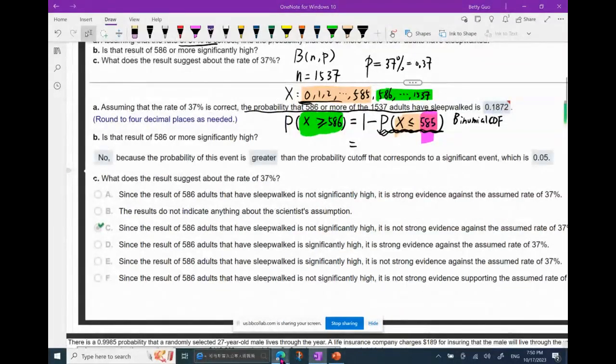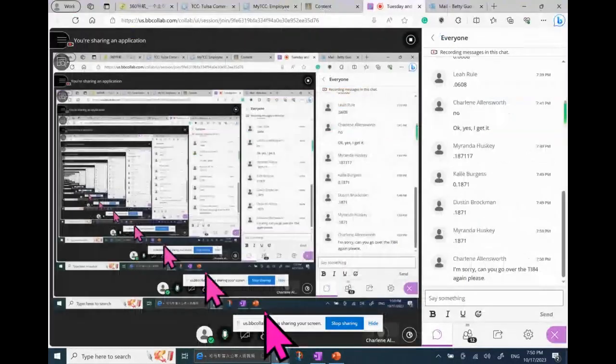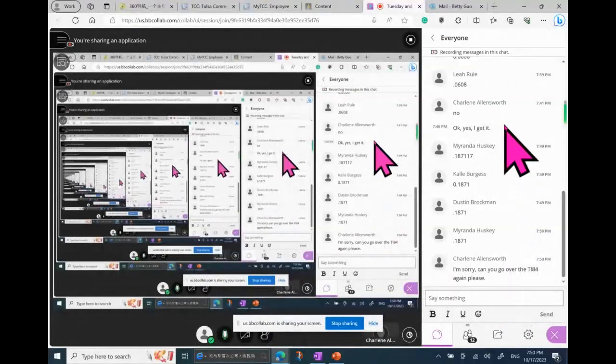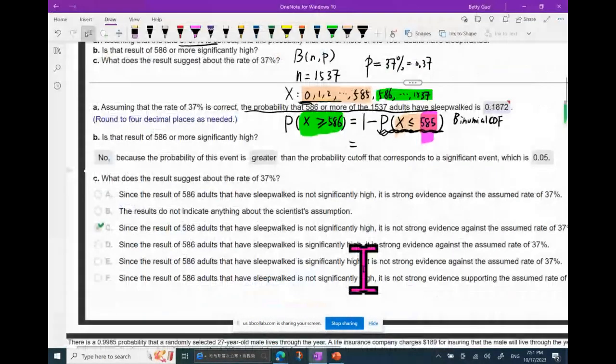So we have to read the question very carefully. Can you go over the TI calculator steps? No problem. Firstly, in the main screen I enter 1 minus, and then I go to second VARS. You will see the list of distributions.